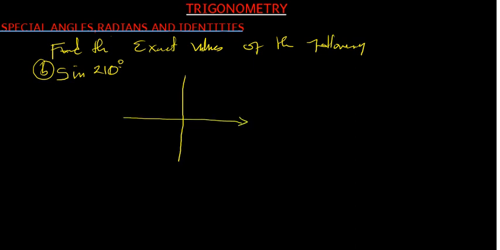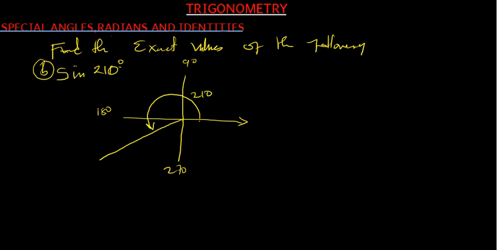So in which quadrant are we going to find 210? 90 is here, 180 is here, 270 is here. So that means 210 should fall in this quadrant like that. Remember, we always measure angles from the positive x-axis in that manner up to there. So that is the 210.